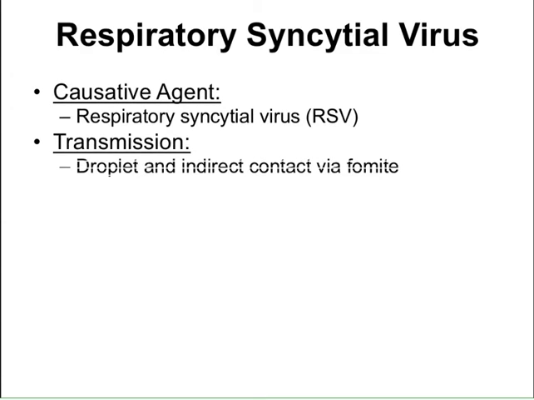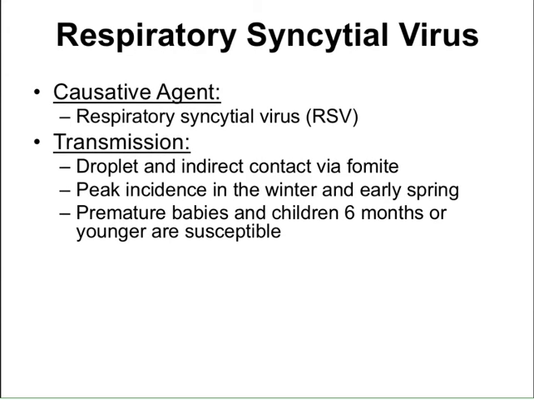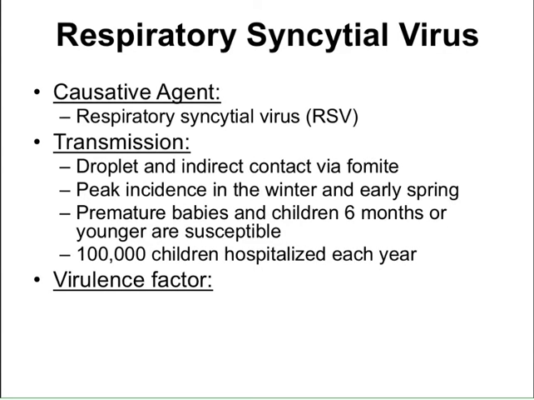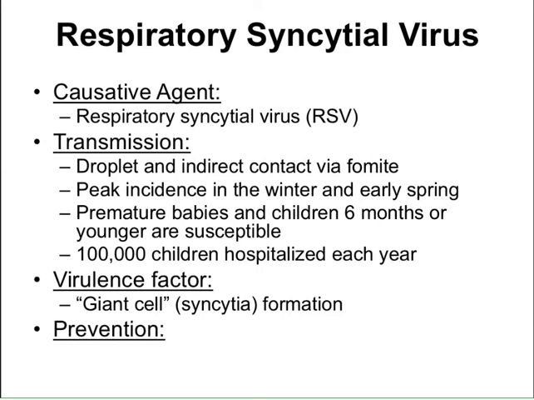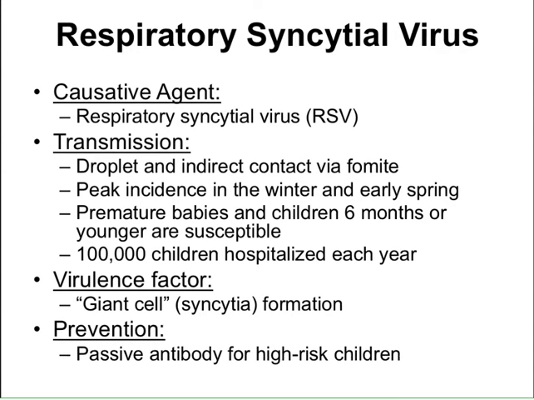Respiratory syncytial virus is droplet contact. Preemies and individuals 6 months or younger are susceptible. The virulence factor is the formation of syncytia. The virus gets in there and it changes the membrane characteristics, causing the cells to fuse and to form multinucleate cells that are not fully functional.